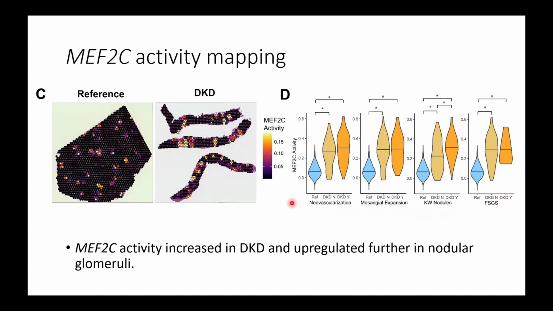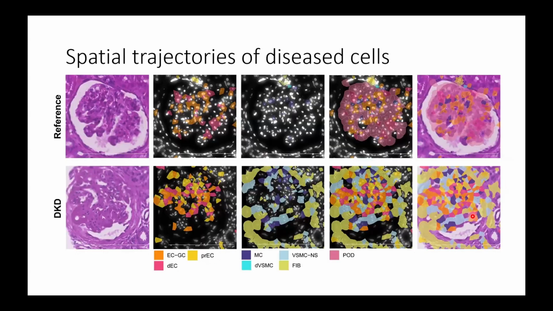Again, you can see that the activity is always increased in diabetic glomeruli, and it's further upregulated in these nodular glomeruli, possibly linking this transition of endothelial cells to mesangial nodules.